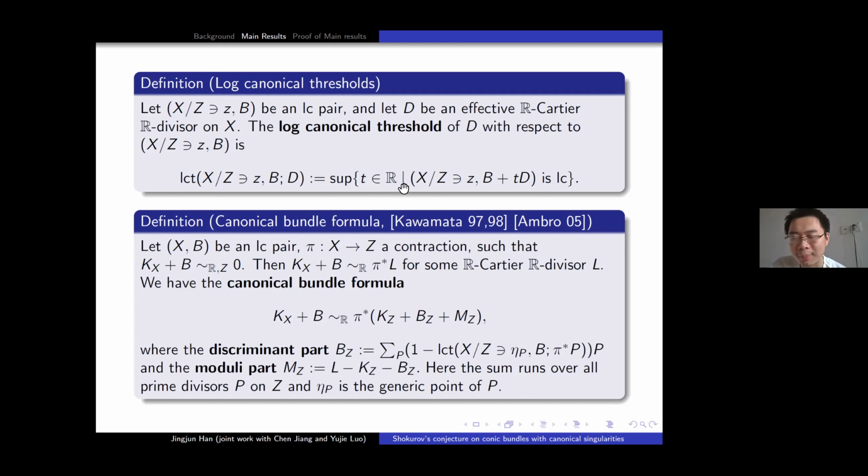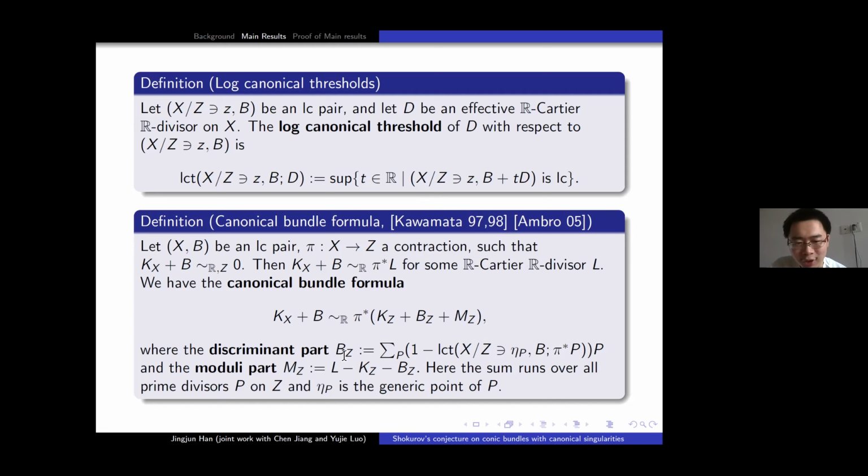So it could be computed by the log canonical thresholds. For each codimension 1 point p on my Z, the corresponding coefficient is equal to 1 minus the log canonical threshold. And then we can define the moduli part.